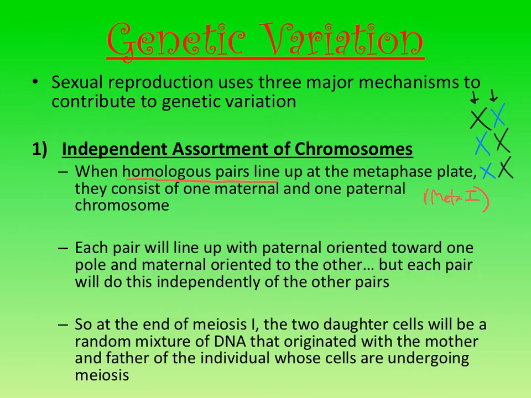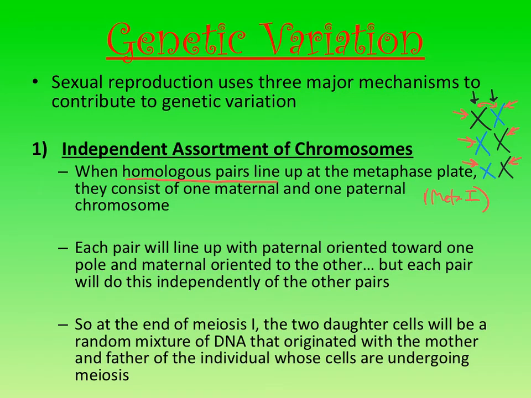It's this independent assortment idea, which means that any given time that you do meiosis, maybe you do get this black one on the left and this blue one on the right. But at the next pairing, I've got blue on the left and black on the right. And then again, blue on the left and black on the right. But the next time your cell does meiosis, these might actually be lined up differently.